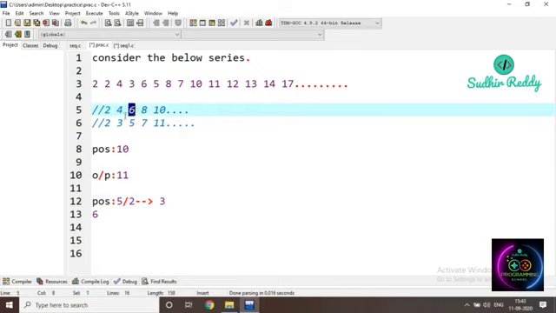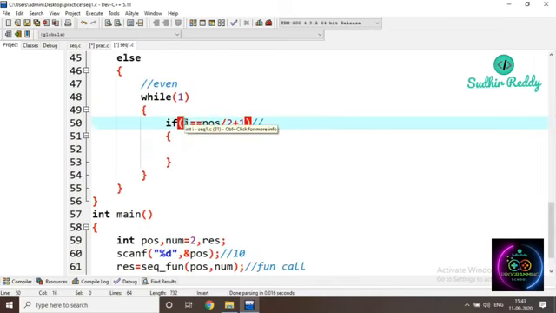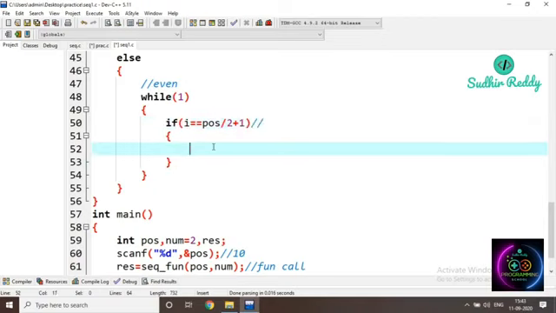I am going to find this number. That's why I am going to add plus 1 here. This is an odd series. That's why I am taking here i is equal to position by 2 plus 1. Okay. Then very simple. If it is going to be like this, return n. That's it. Nothing else.